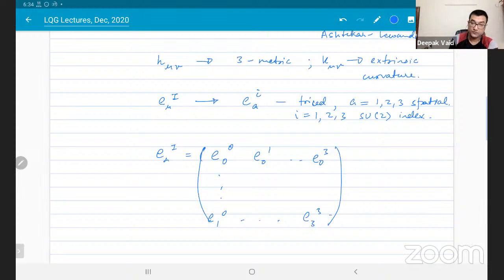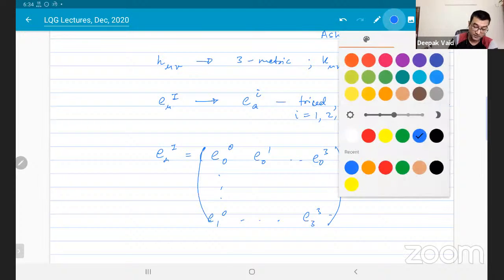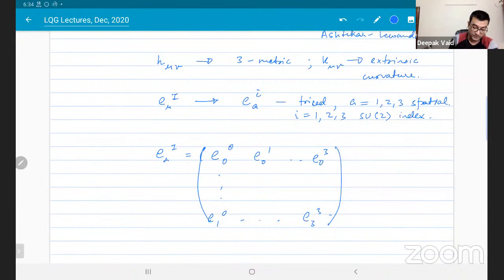So roughly speaking, when you perform the splitting, if you look at the spatial part of this tetrad, you're looking only at this portion, right? The space-like portion. And here the components are like this.